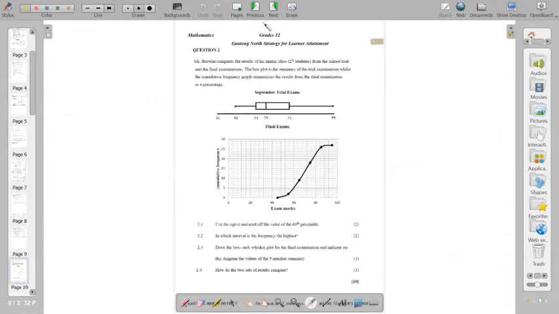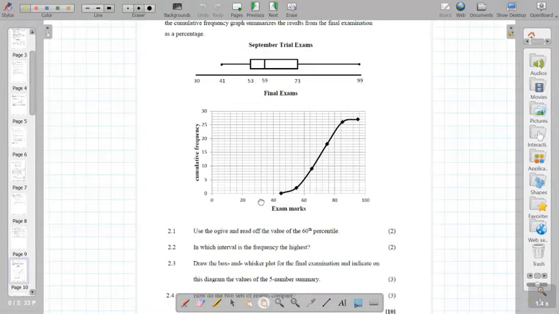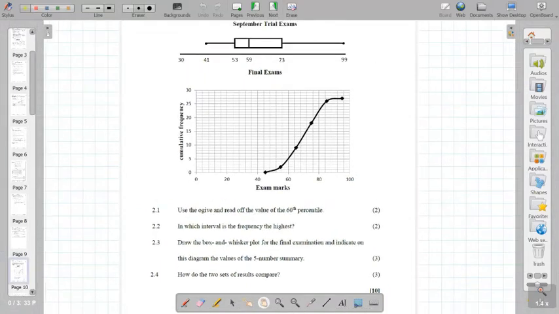Now, another question. This time we are given a box and whisker and then an ogive. So let's just see, is there anything different to be mentioned here? The ogive is given, read off the value of the 60th percentile. So the 60th percentile and the interval of the highest frequency.